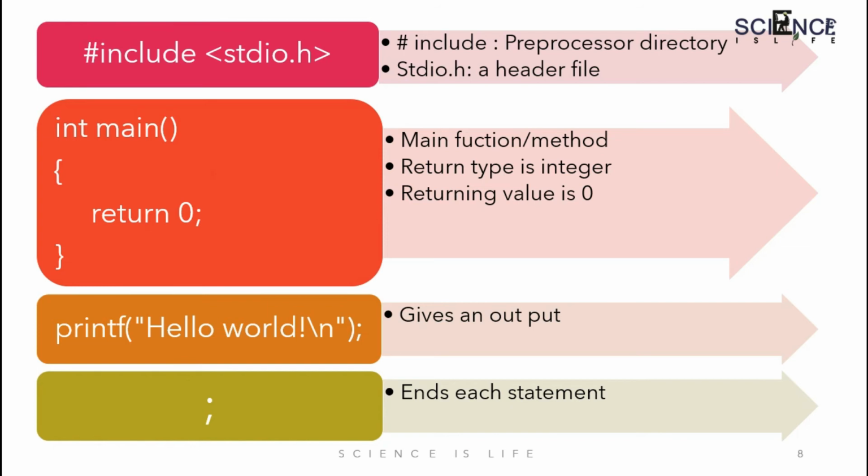That means our program starts to execute from the beginning of our main function, right? So what is the beginning of our main function? It begins when the curly brackets open.